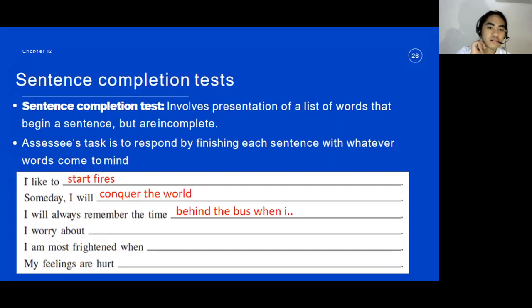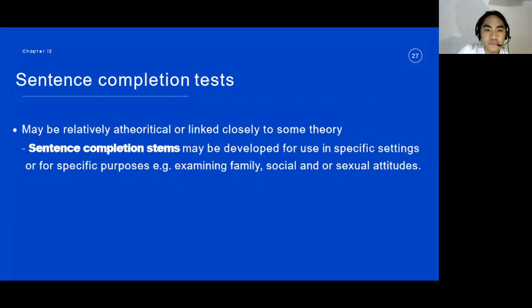It may be relatively atheoretical, or it may be linked to some theory. So you might use psychoanalytic theory with this, or you might use cognitive theory. Maybe this represents a type of cognitive schema held by that person, and it gives you some sort of insight. Sentence completion stems may be developed for use in specific settings or for specific purposes, for example, examining family, social, and/or sexual attitudes.